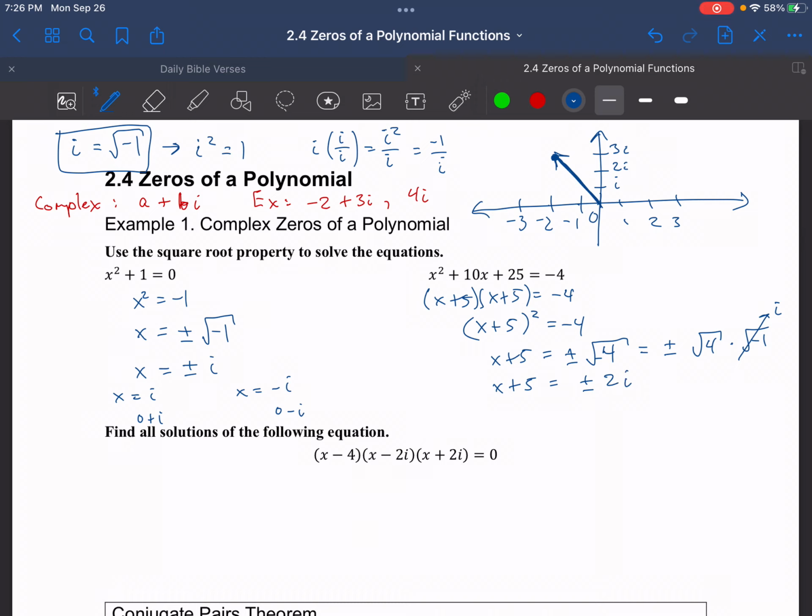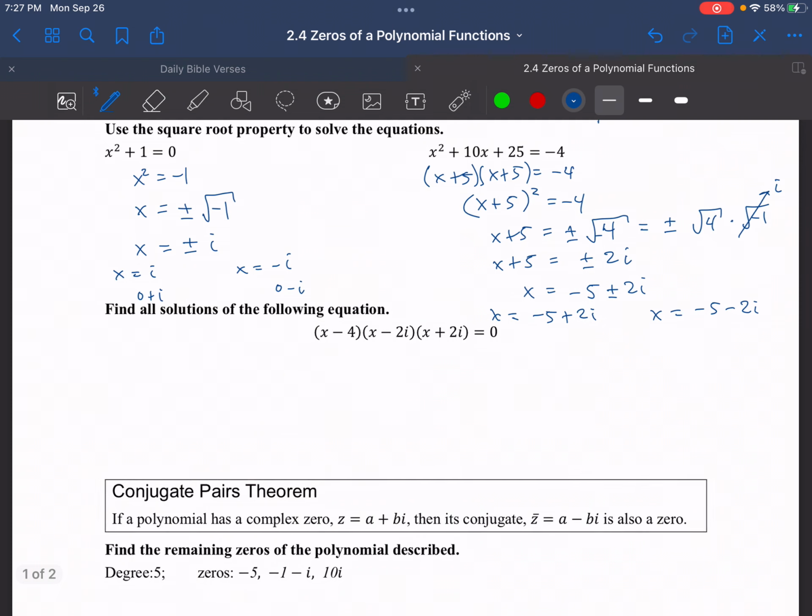Square root of -1 is i. And then we can subtract 5 from both sides and get x equals -5 plus or minus 2i. So that gives us our two answers of x equals -5 plus 2i, and x equals -5 minus 2i. Okay, so that's how we got that.